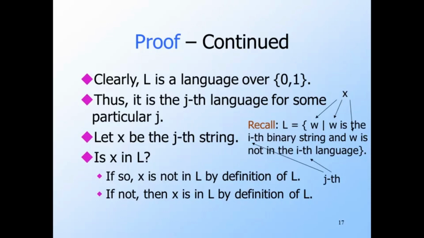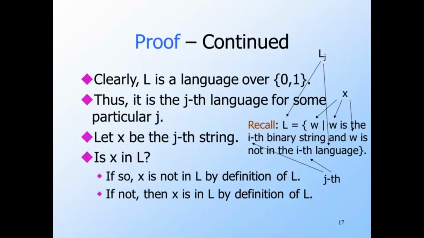In that case, the value of i is j because we know x is the jth string. Further, we know that L is the jth language, so both L, the language being defined, and the "ith language" mentioned in the definition of L are all the same, and they are L_j.